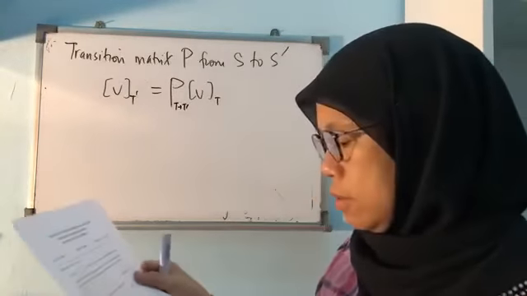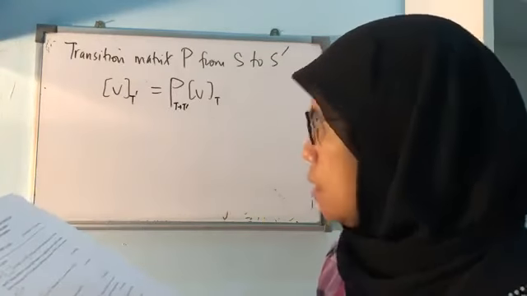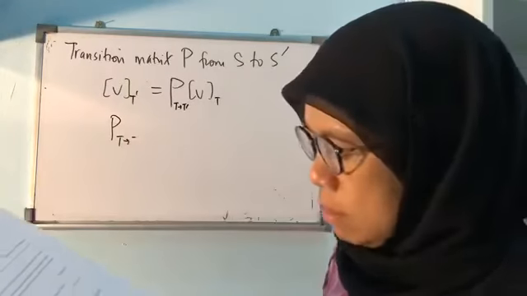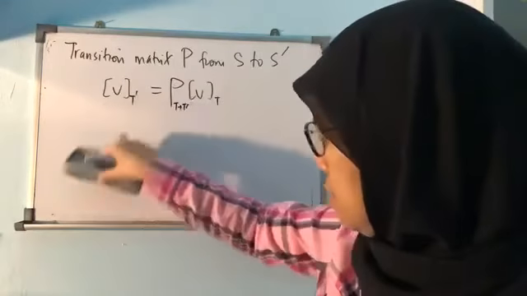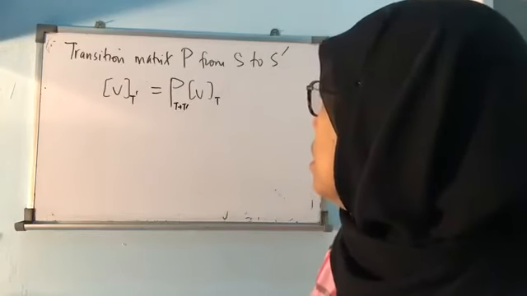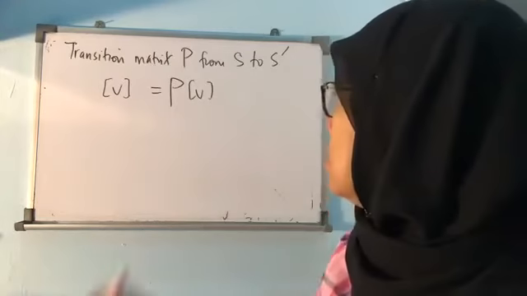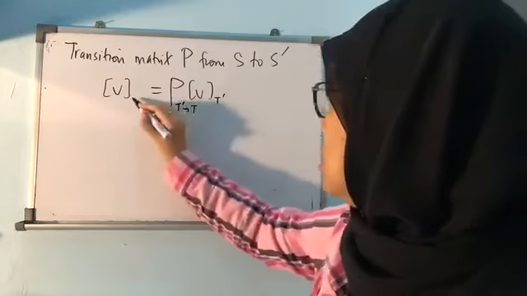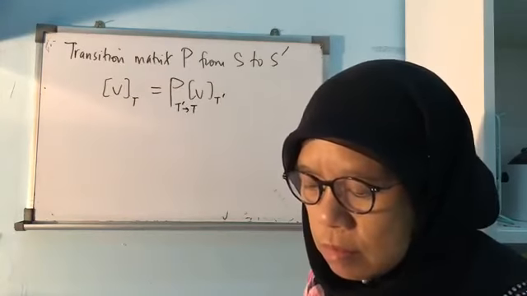Okay, now P from T to, wait, they're given from T prime to T. Okay. I change this, yeah. T prime to T, so this has to be T prime, this has to be T. Okay.